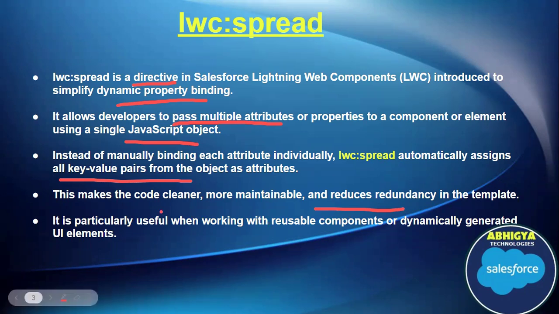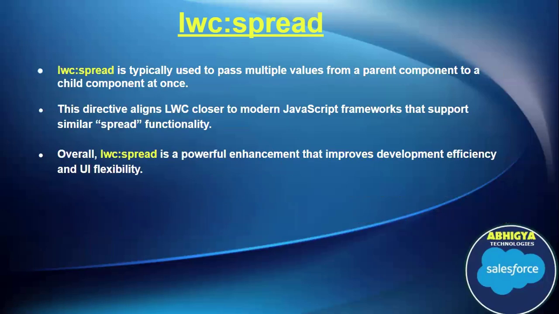One more thing is reusability of the code, and it is particularly useful when components are dynamically generated by the UI element. The spread operator is used to pass multiple values from parent to child component at once. Individually, we do not pass them from parent to child; it is passed by the spread operator at a time.